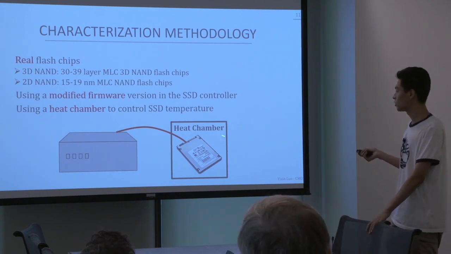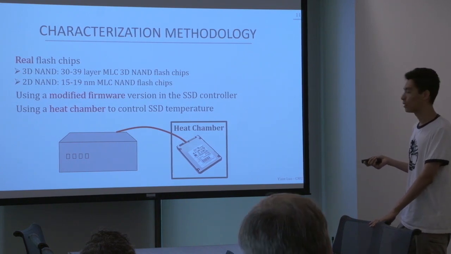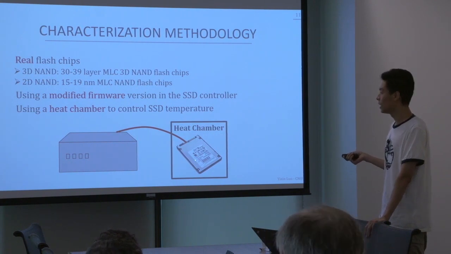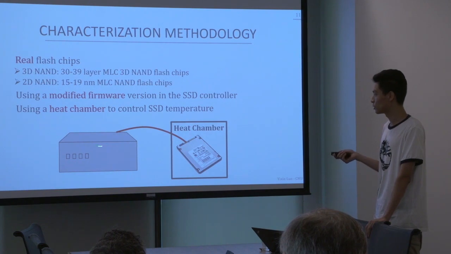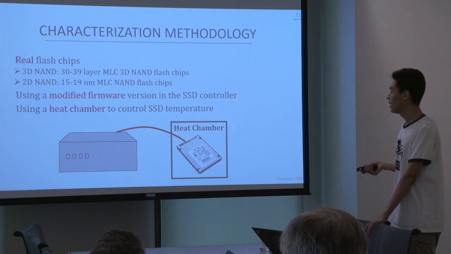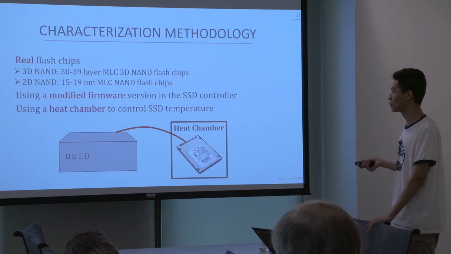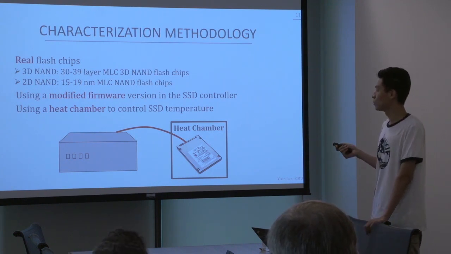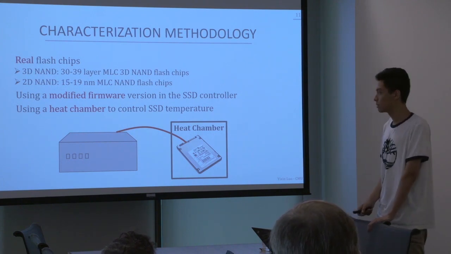On the bottom, I'm showing a toy diagram of our experimental setup. It consists of a form factor SSD, which is connected to a server machine through a SATA interface. This SSD consists of real 3D NAND chips, and specifically we study 30 to 39 layer MLC 3D NAND flash chips.